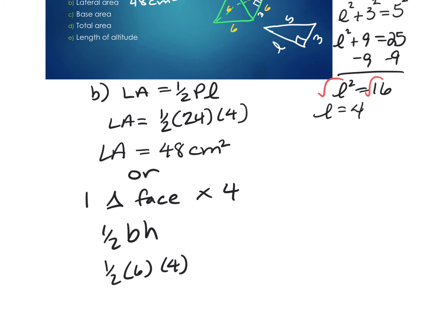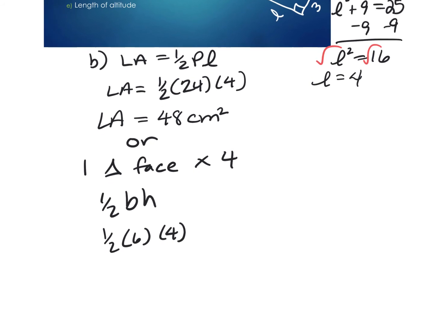The height was that slant height I just found. So the area is going to be 12, and then times it by the 4, and I get 48 centimeters squared either way. So you could do it either way. Just find the area of one of the faces and times it by however many you have, or do the 1/2 PL.